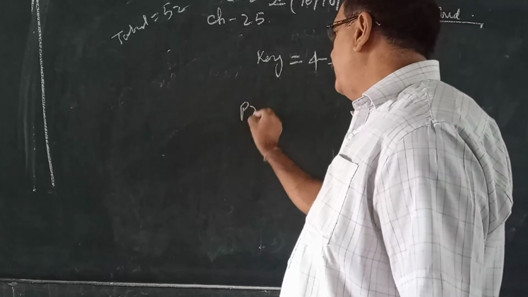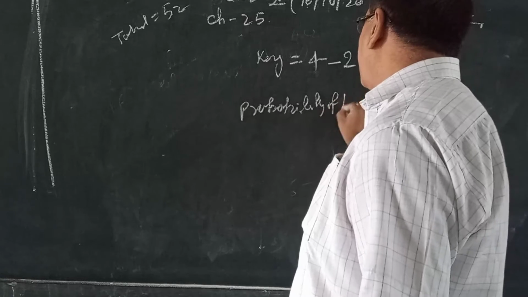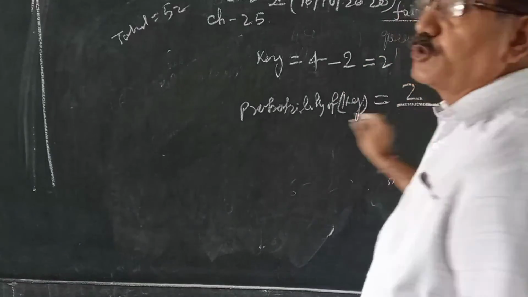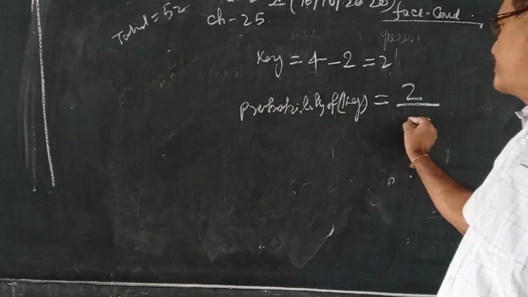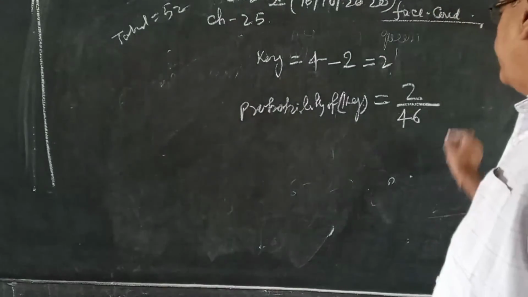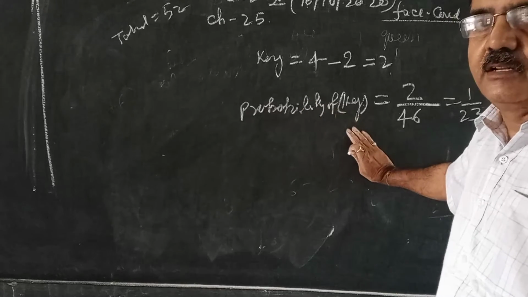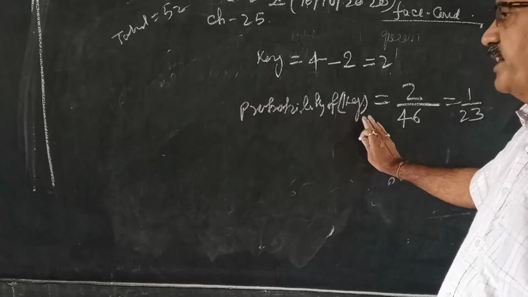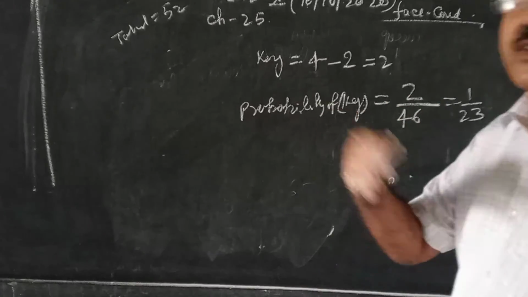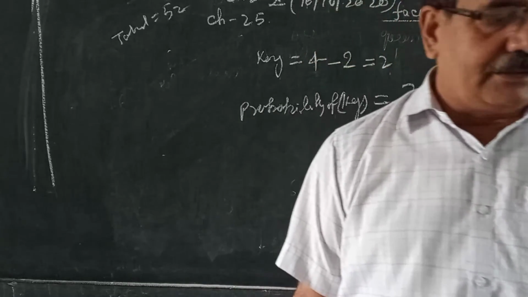The probability of a king is equal to total left 2 by total cards 46, that is 1 by 23. Of course, you have to write probability of the king is equal to favorable outcomes by total outcomes. In each question again and again I am reminding you, otherwise you will miss the marks.